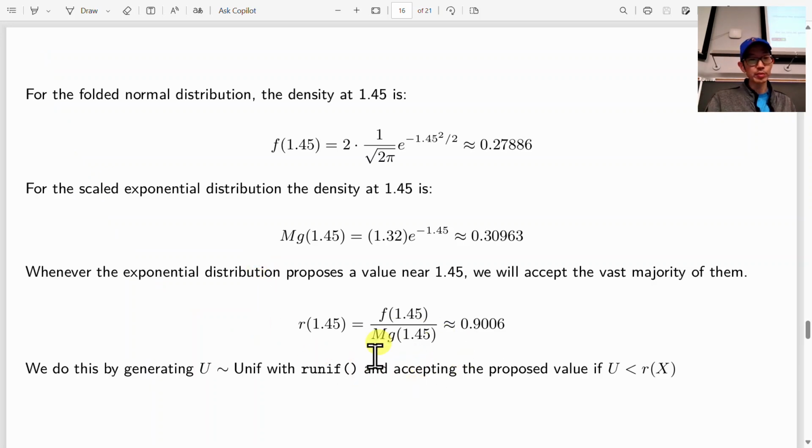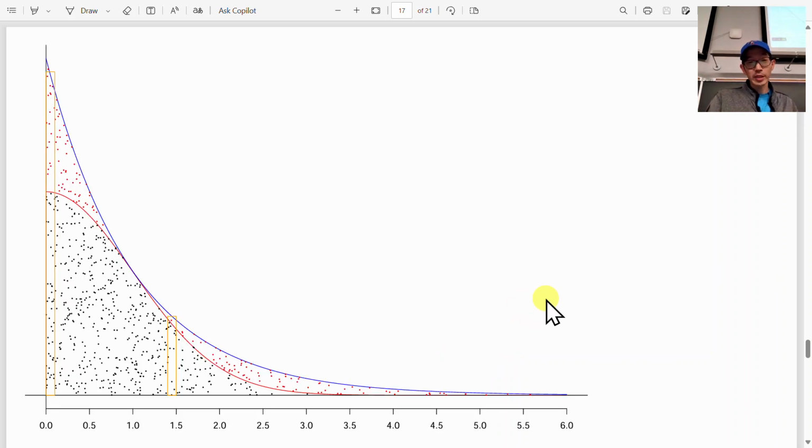And so we'll generate a random U. If that U is less than 90%, we'll accept it, and U will be less than 90% of the time. And so we do that, and again, the resulting distribution after this, with I think 1,000 dots here or something, looks a lot like this. And we keep those dots in black under the red line.